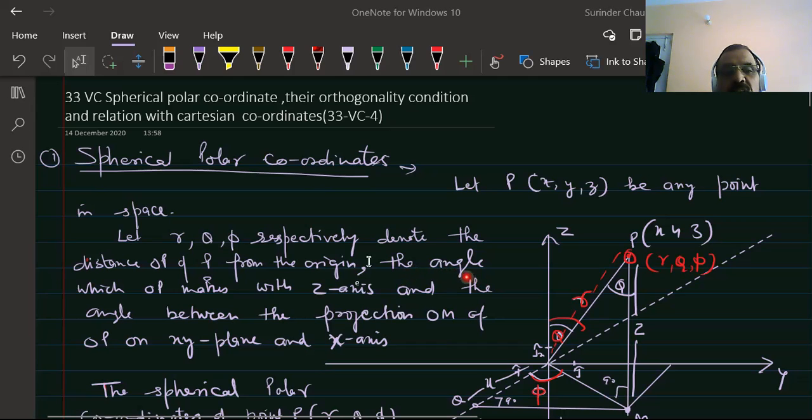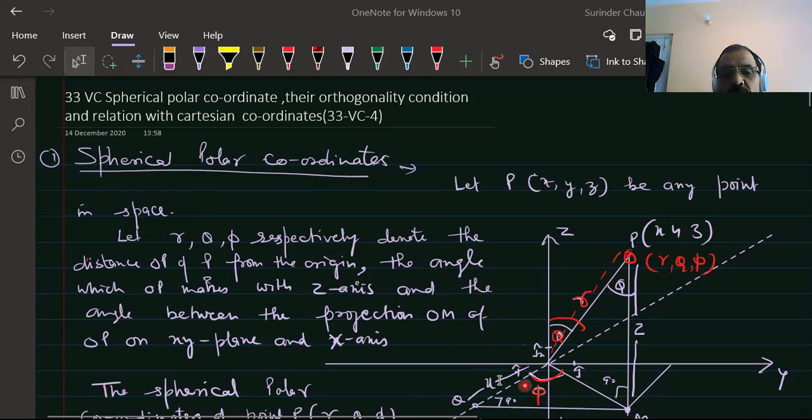And theta is the angle which OP makes with the z-axis, called the zenith angle. And phi is the angle which the projection of OP in the xy plane makes with the positive x axis.